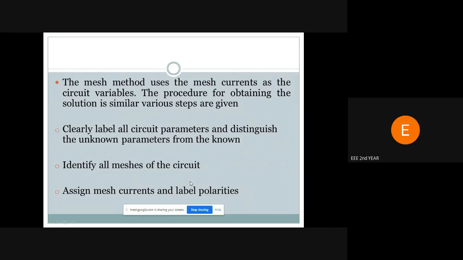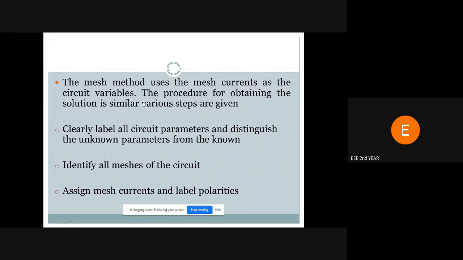The next important thing is the mesh method, which uses the mesh current method. The mesh method is mainly used to analyze the current in a particular mesh circuit. Since it is used for finding the current, it is called the mesh current method, with mesh currents as the circuit variables.